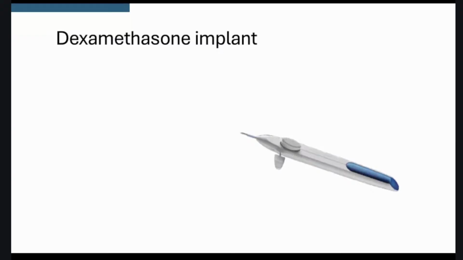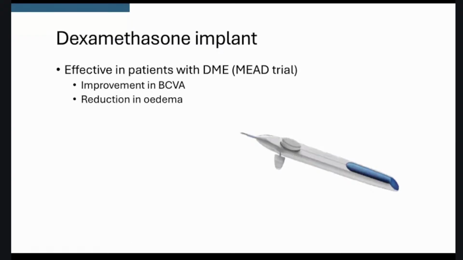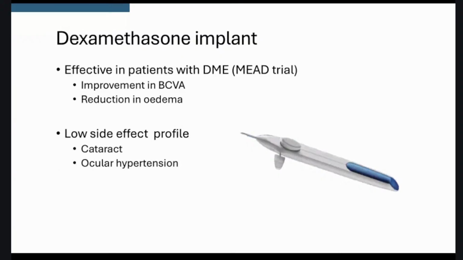The dexamethasone implant was first found to work in the MEAD trial. It was a trial that showed that this implant is effective in patients with diabetic macular edema. There was an improvement in best corrected visual acuity and a reduction in edema. Because it's a steroid, it also has the side effect of cataract and ocular hypertension, but the risk is lower with the dexamethasone implant than with a depot of triamcinolone, because the dexamethasone is a slow release implant.